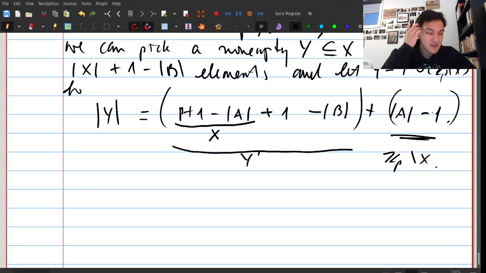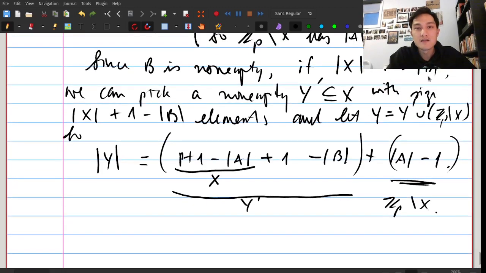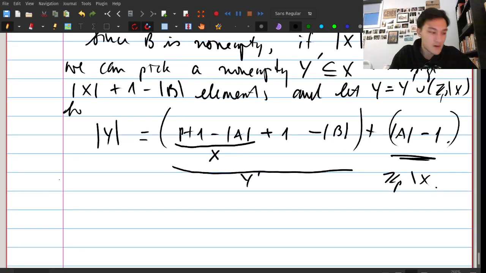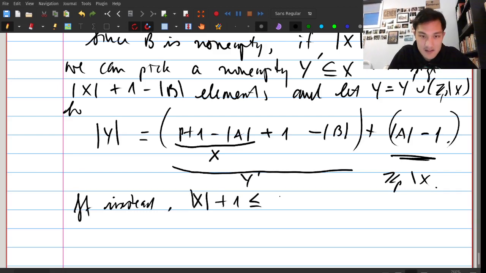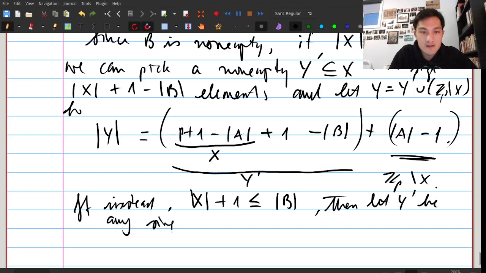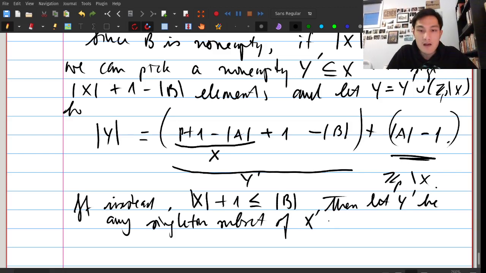Okay, so that's the size of Y in the first case. But in the second case, if X was too small, otherwise, sorry, let's just write, if instead we have this size of X plus 1 is less than or equal to B, then let Y prime be any singleton subset of X. So this looks like X prime, but really it's X. Okay, I know what X prime is.